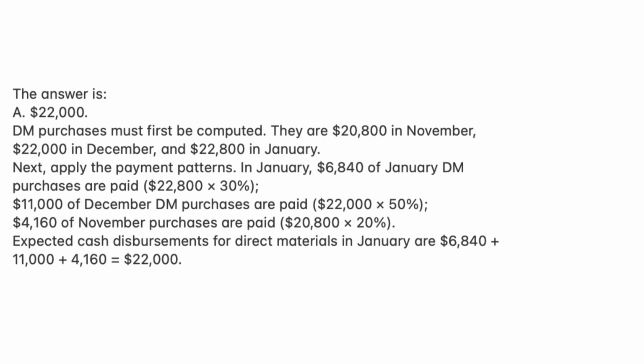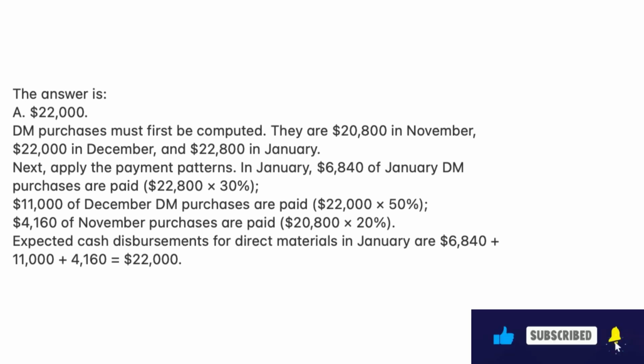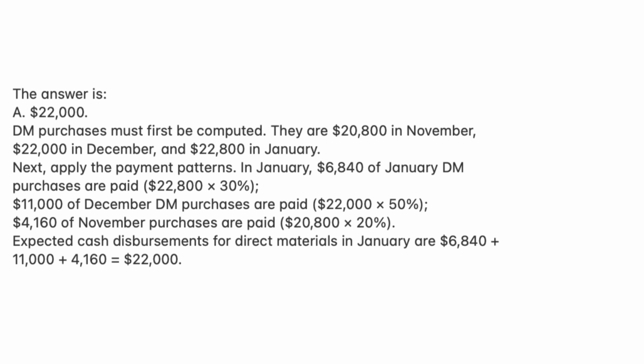In January, $6,840 of January DM purchases are paid, $22,800 times 30%. $11,000 of December DM purchases are paid, $22,000 times 50%. $4,160 of November purchases are paid, $20,800 times 20%. Expected cash disbursements for direct materials in January are $6,840 plus $11,000 plus $4,160 equals $22,000.